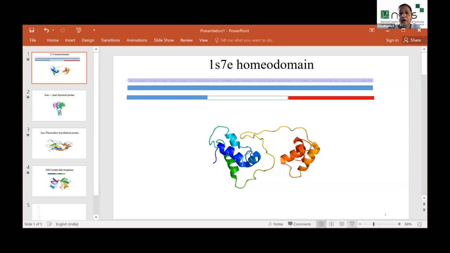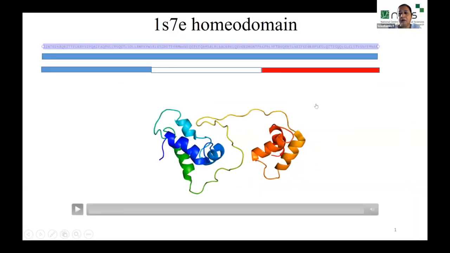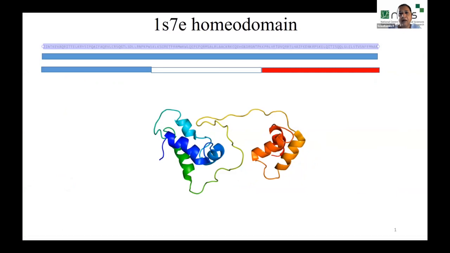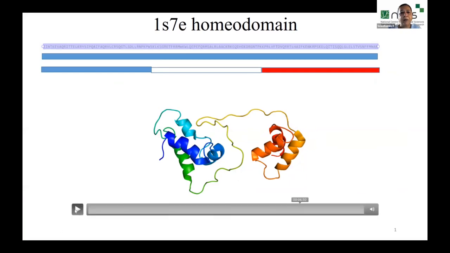So you might recall that we had talked about domains when we were in the sequence theme, and we had appreciated at that time that it is possible to have domains of different complexity.